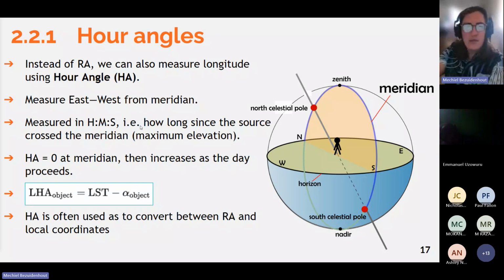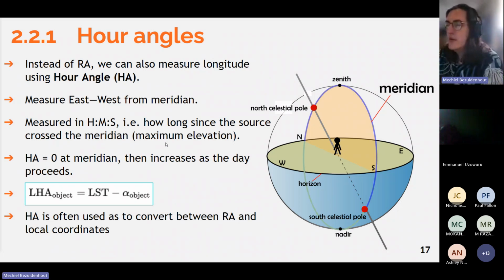And that peak, where they are at the maximum elevation, is exactly where they cross this meridian. And so you can think about the hour angle as how long since the source has been at its maximum altitude. And so the hour angle at 0 is where the source is highest in the sky. And then it increases as the day proceeds and the source gets lower in the sky.